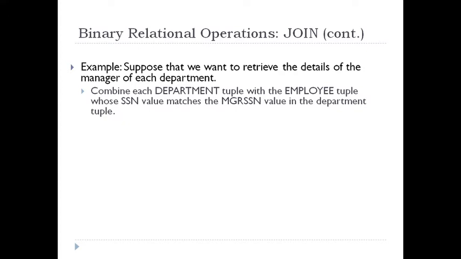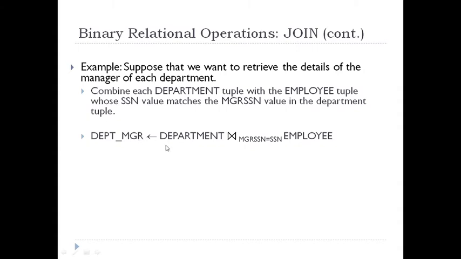So combine department tuples with the employee tuples where the SSN values of the employee relation match the manager SSN value in the department table. So we have to match the SSN of employees with the manager SSN of department tuples.